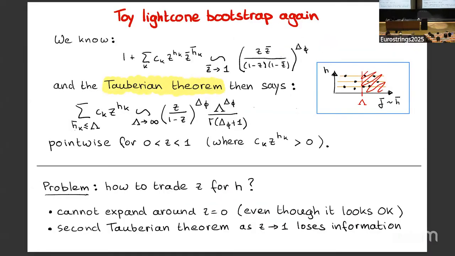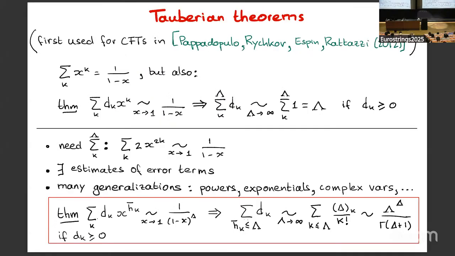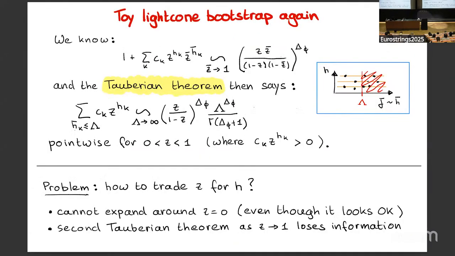We can apply it. So here's what we know. This is, again, the third time I write this equation, so you should all understand it now. And our Tauberian theorem says, well, I'm going to think of the c_k z to the h_k as the coefficients d_k from the previous thing. There's d_k here, and x should be z bar. So it's c z to the h as the asymptotic behavior, and then there's this 1 over 1 minus z bar to the delta phi.